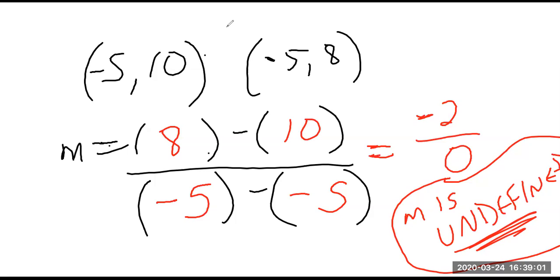So if you get 0 in the denominator when you're finding slopes, that means it's undefined. That's a special type of line I'll talk about later also. Now, your slopes can be positive, they can be negative, they can be fractions, they can be whole numbers, they can be undefined, and they can be zeros.